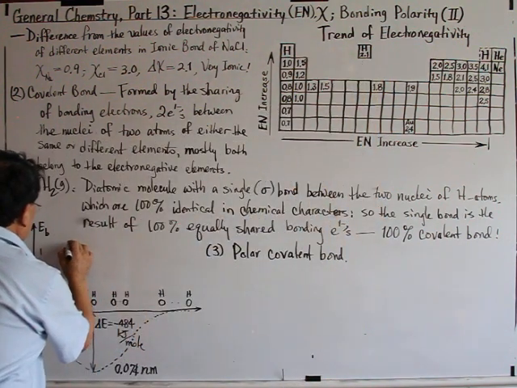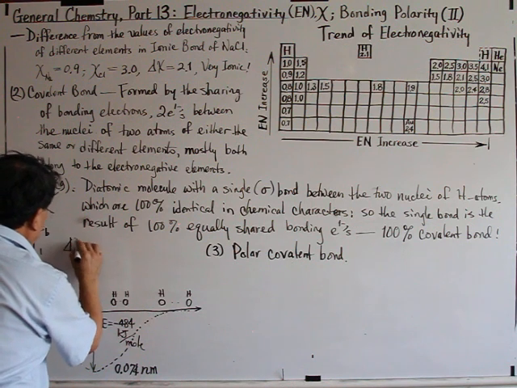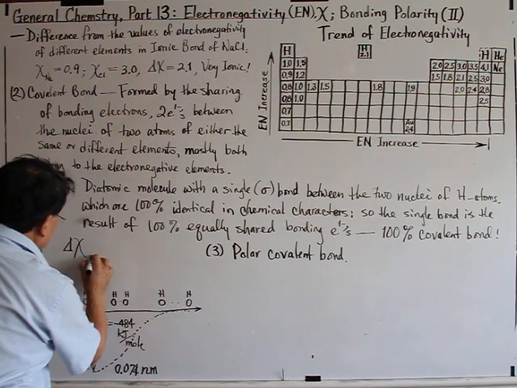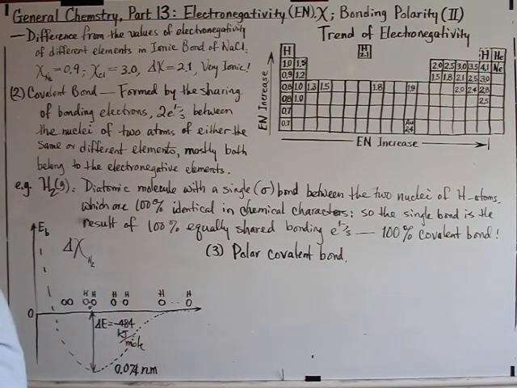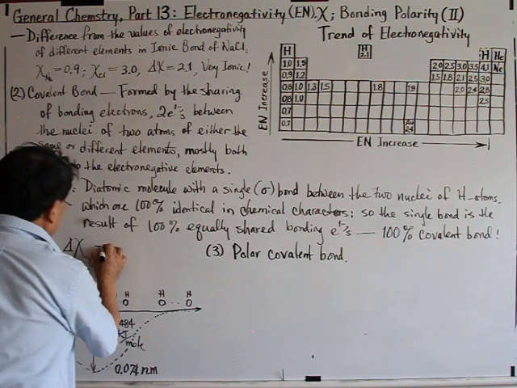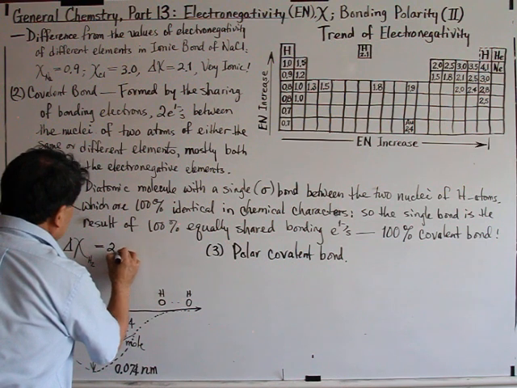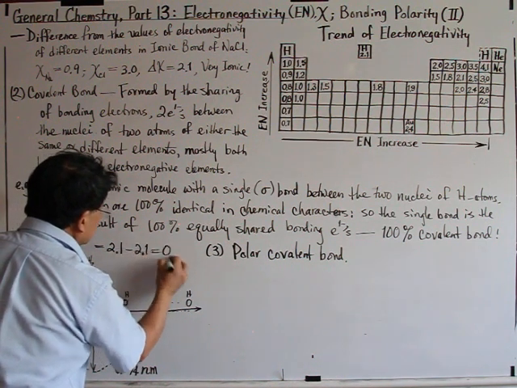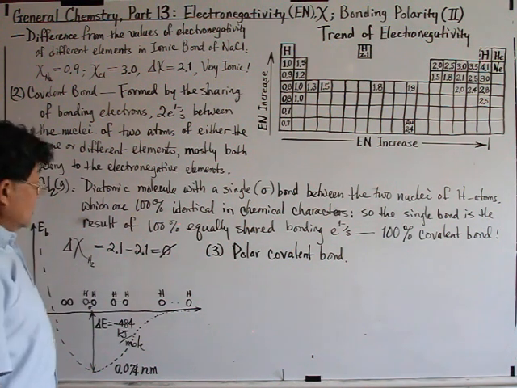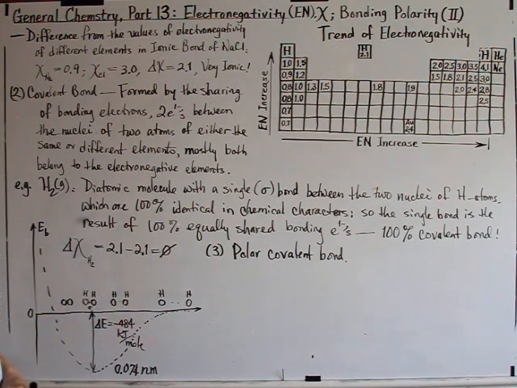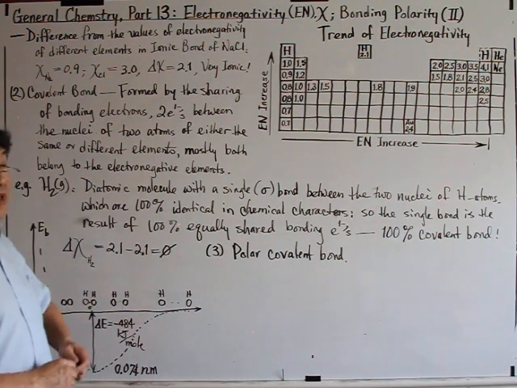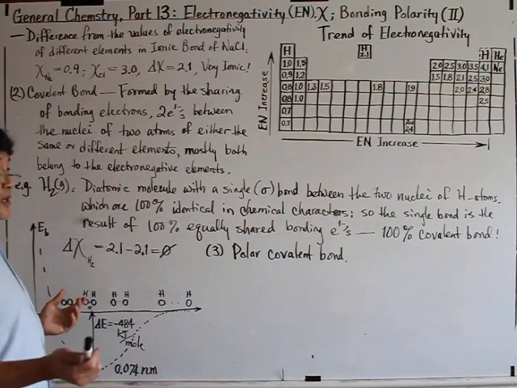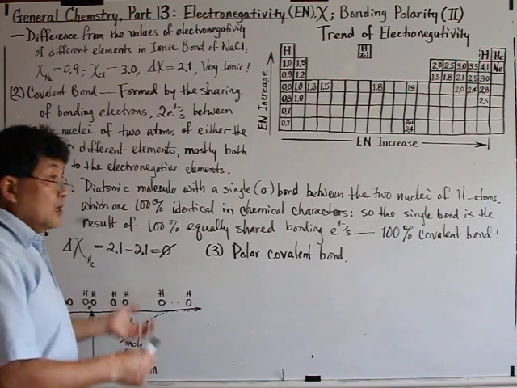So delta chi is 2.1 minus 2.1, which is 0, right? So that is very extreme. There is no difference in electronegativity between the two hydrogen atoms. Of course, they are identical. So that is a 100% covalent bond.